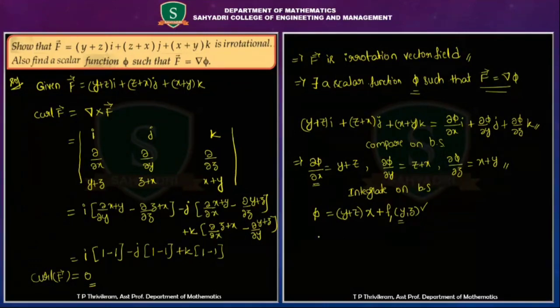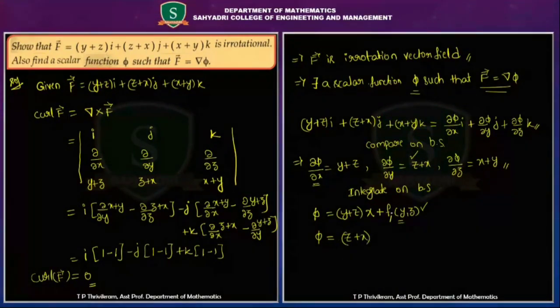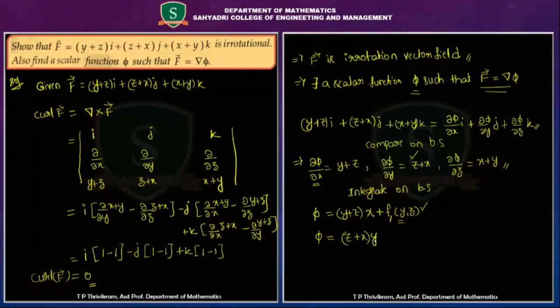For the second equation, what happens? Integration for this z plus x, you are integrating with respect to y. Integration of 1 dy is y, right? Plus a function in terms of z comma x is treated as the integrating constant.